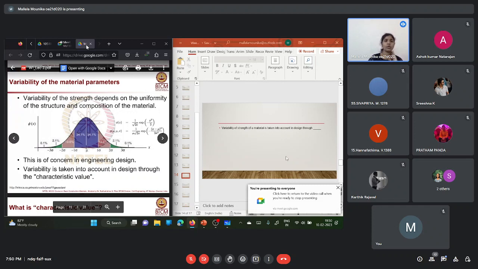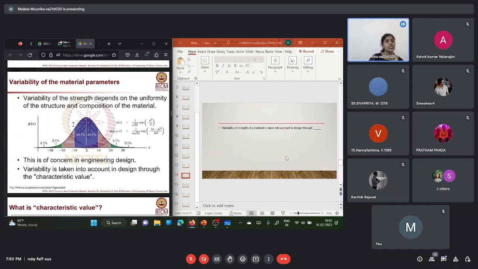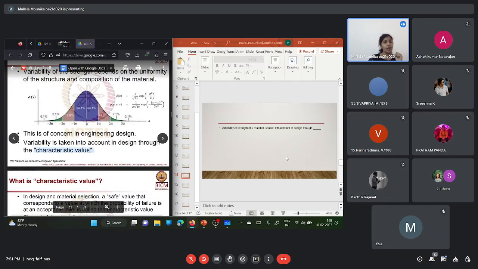So if it is less than the mean strength, there is a 50% probability that the material may fail in that particular test. So it is not reliable; you can't rely on this mean strength. That's why we have to go for some characteristic value.